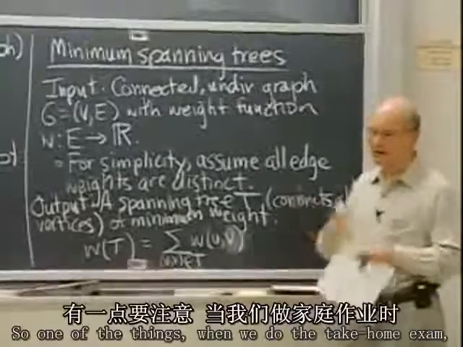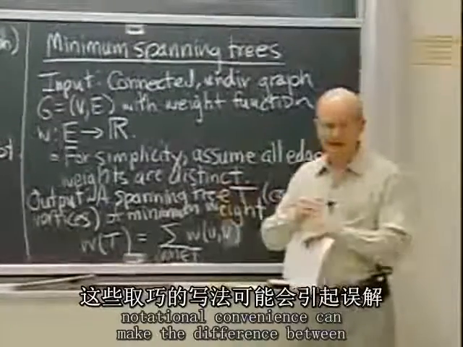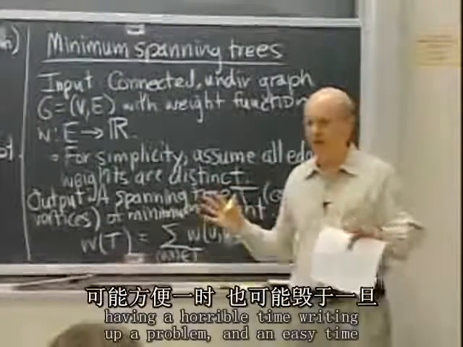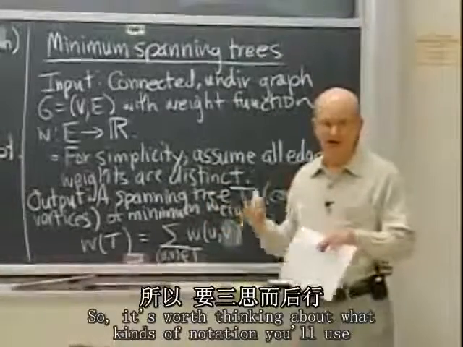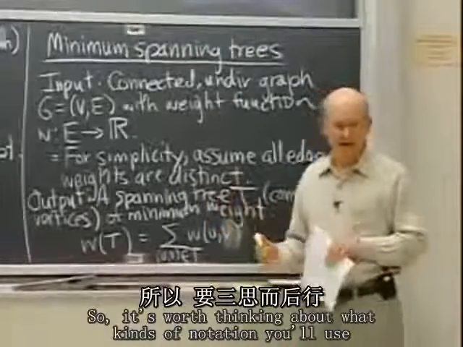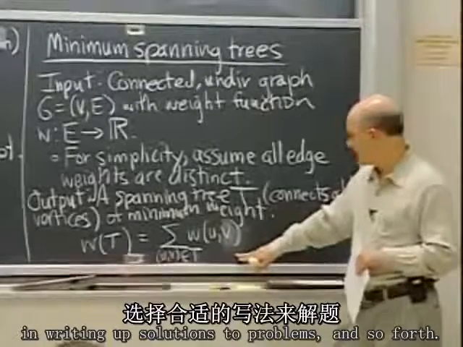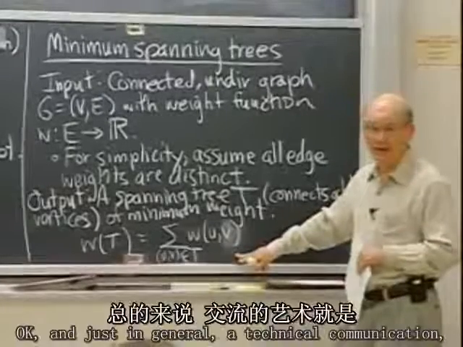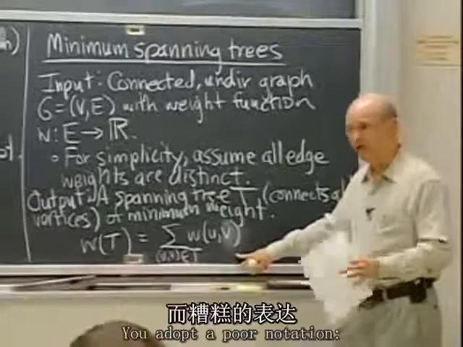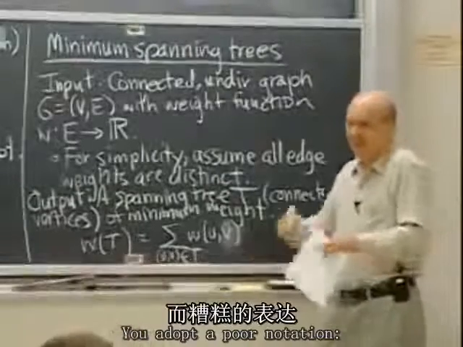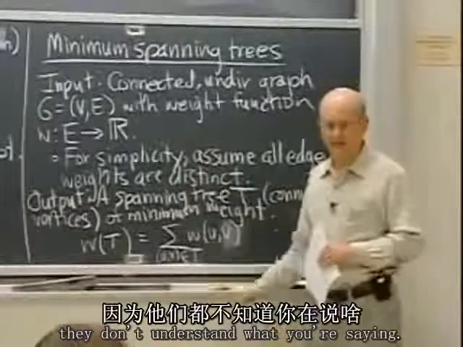When we do the take-home exam, notational convenience can make the difference between having a horrible time writing up a problem and an easy time. So it's worth thinking about what kinds of notation you'll use in writing up solutions to problems. In technical communication, if you adopt a good notation, people understand you. If you adopt a poor notation, nobody pays attention to what you're doing because they don't understand what you're saying.